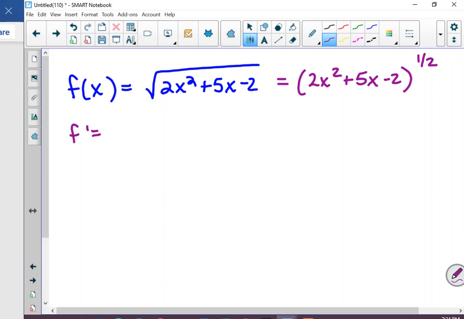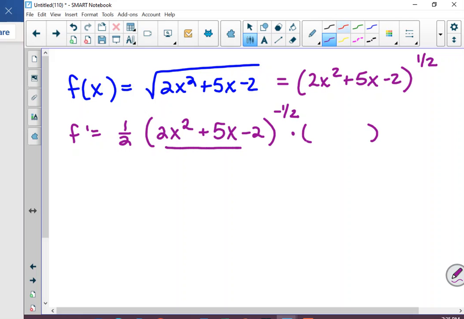So a little bit of chain rule here. Do my power rule around what's in the parentheses. So 1/2 down in front. Keep all the insides the same. Drop your exponent by 1. And then the chain is the stuff from the inside. That derivative, 4x plus 5.